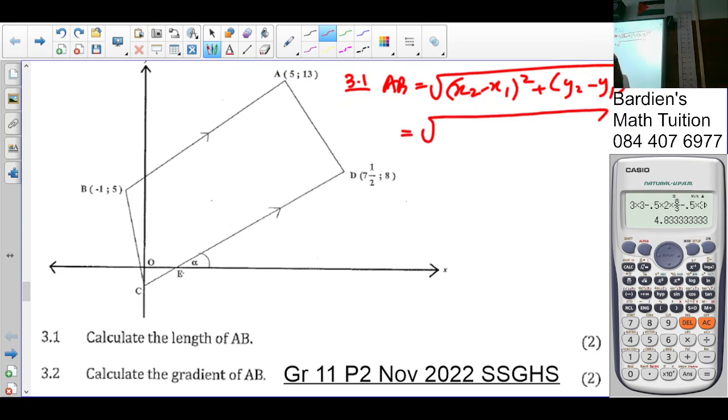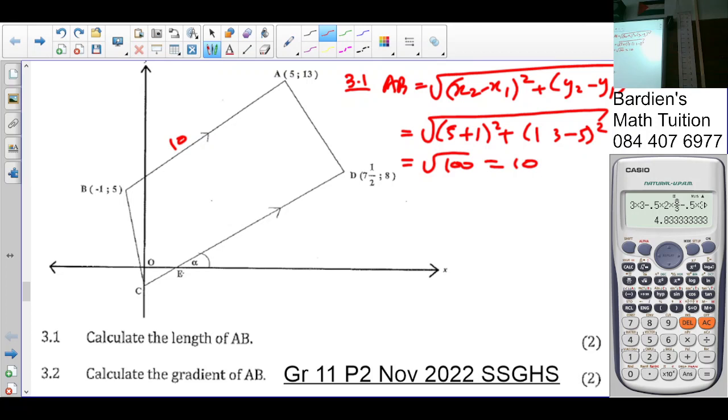Okay? So it's going to be 5 minus minus 1 squared plus 13 minus 5 squared. Okay, that gives us an answer of 6 squared is 36, 8 squared is 64, which is 100. So it's the root of 100, which is 10. Is that correct? Alright, so that gives you 10.